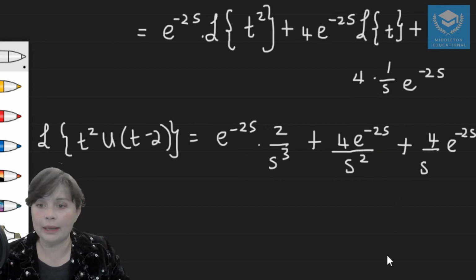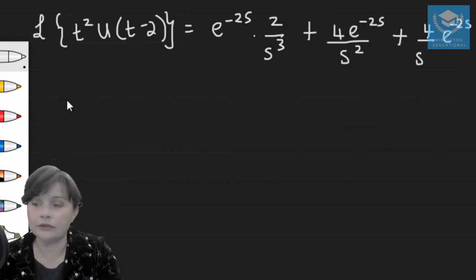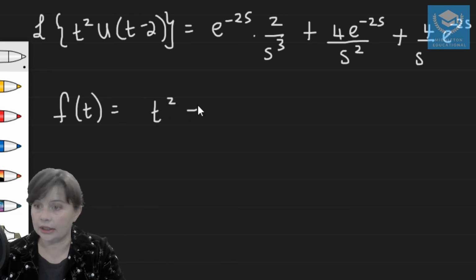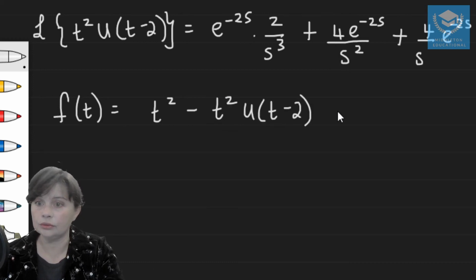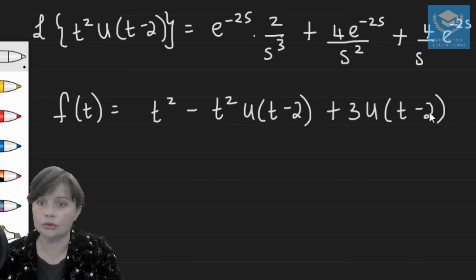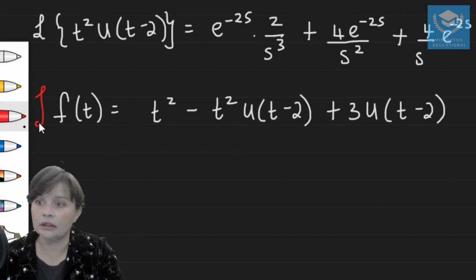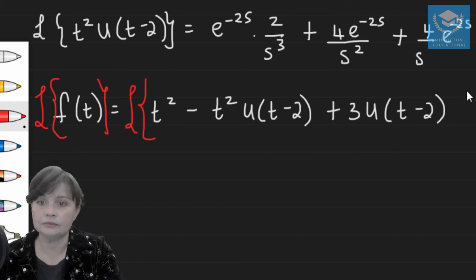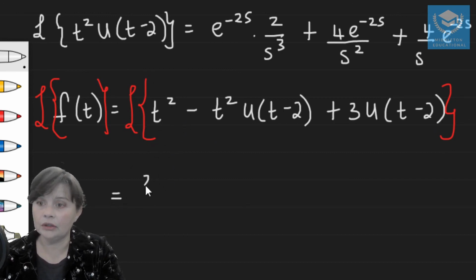So if I now go back, let's write out what we found f of t to be. f of t is t squared minus t squared u of t minus 2 plus 3 u of t minus 2. If I now take the transform of both sides, that's going to be equal to, the transform of t squared is 2 over s cubed.